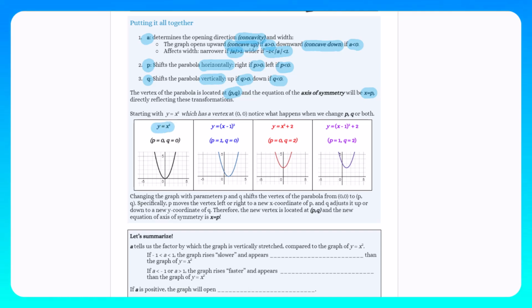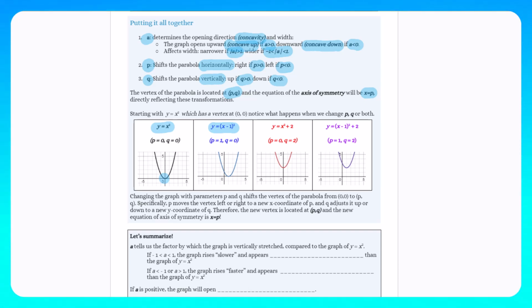So notice here, we start with that original function y equals x squared, where the vertex is 0 and 0. But let's notice what happens as we change P or Q. For instance, in this one right here, look what happens when P is 1 but Q is 0.